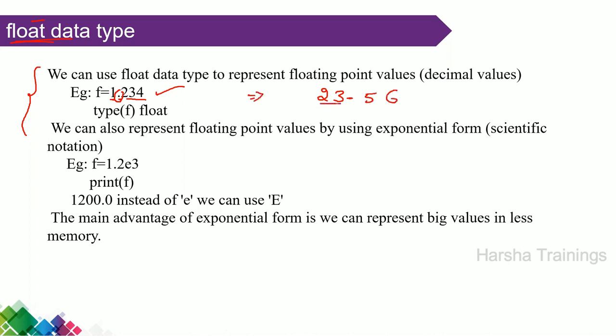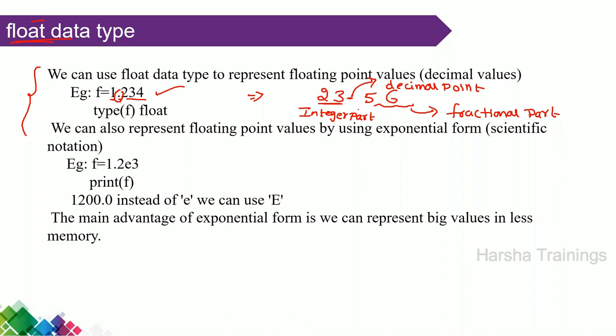This 23 is called the integer part. This 56 is called the fractional part, and this point is called the decimal point. This is the way to represent floating point numbers.